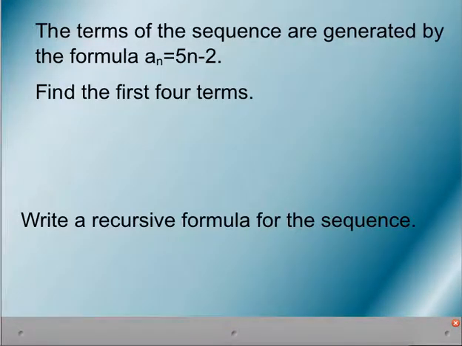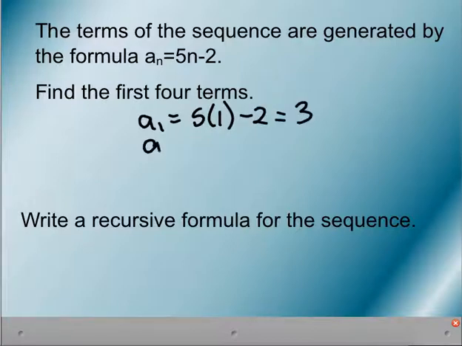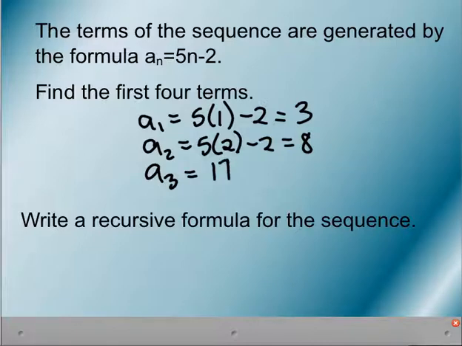A sub n equals 5n minus 2. So let's find the first 4 terms. A sub 1 is 5 times 1 minus 2, which means I get 3. A sub 2 is 5 times 2 minus 2, which is 8. A sub 3 means I get 15 minus 2, which is 13. And a sub 4, we get 20 minus 2, which is 18.